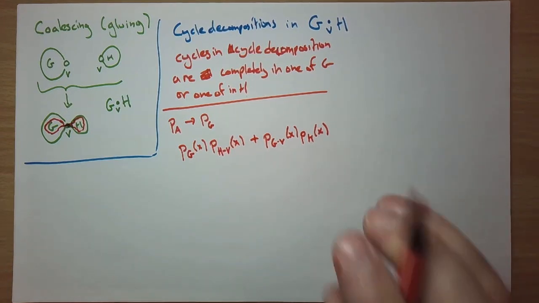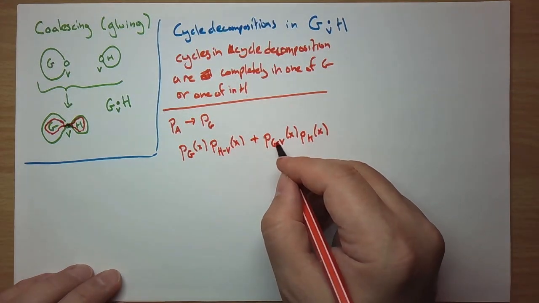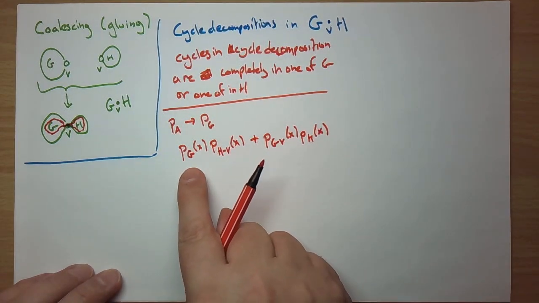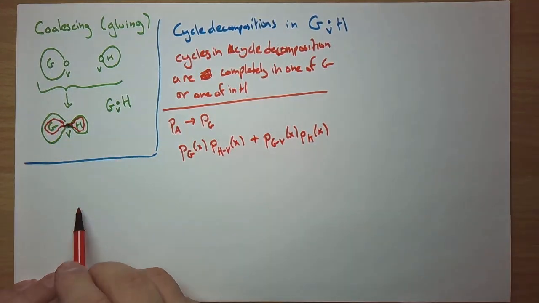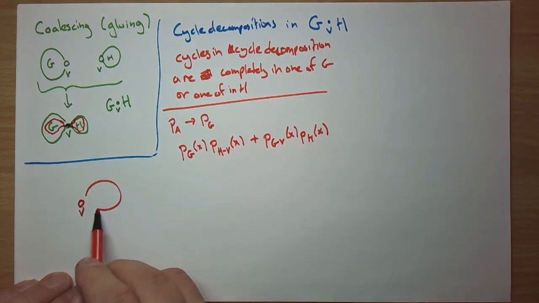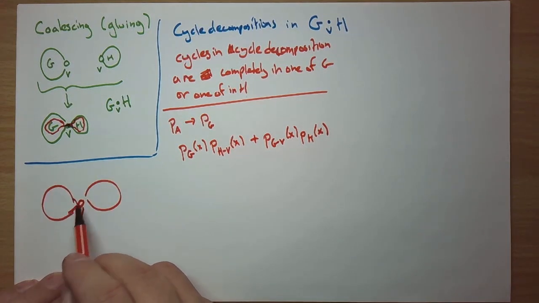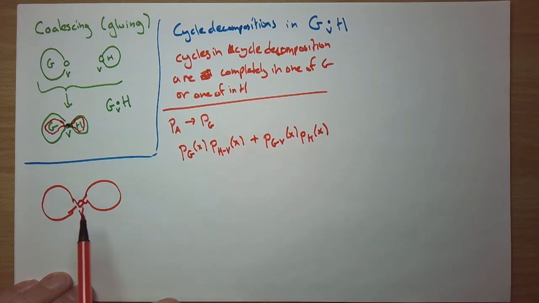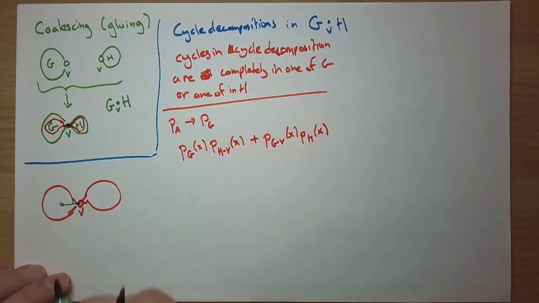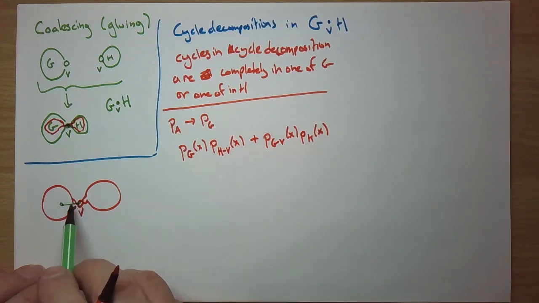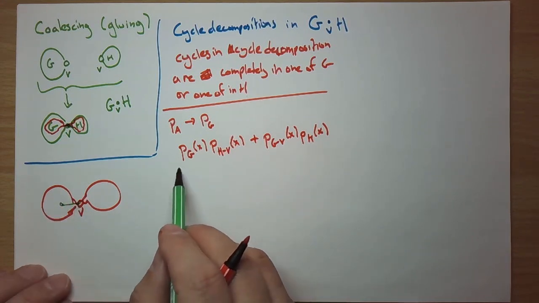All right. So first off, let's make sure we understand what's going on with these terms. Here, what are the things that we include? Well, think about it from the perspective of V. So when we have our PG, PH minus V, we're definitely going to include anything where there's a cycle that includes V that goes into the G side. Now the cycle could just be a single edge, but anything that includes a cycle that comes in and involves V on the G side will be counted here.